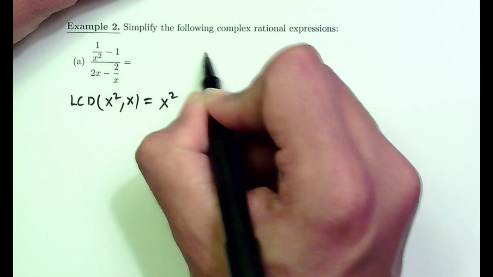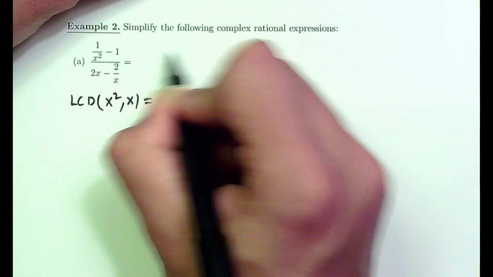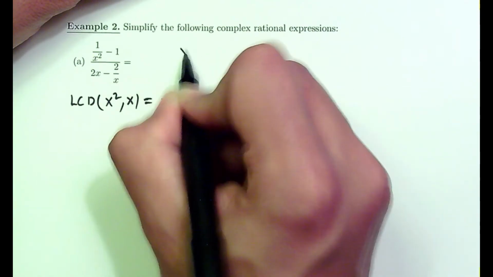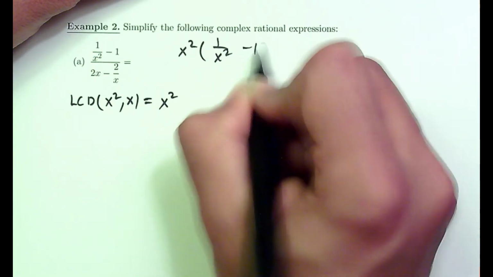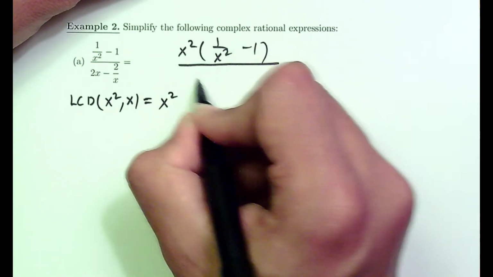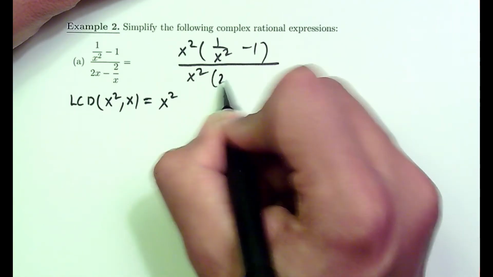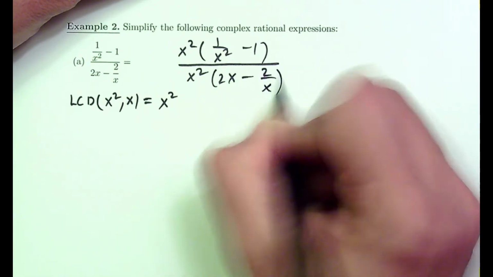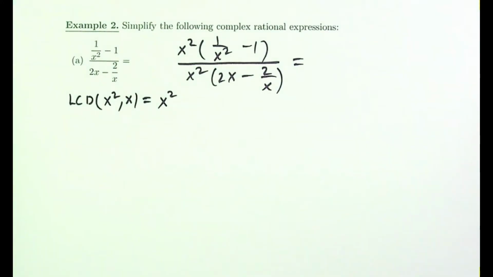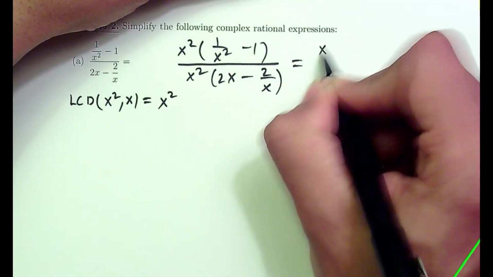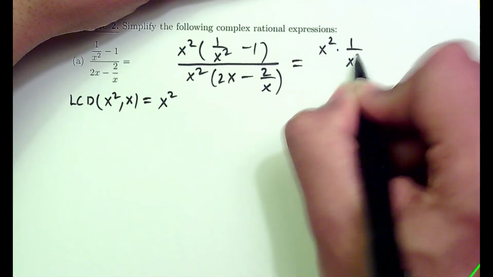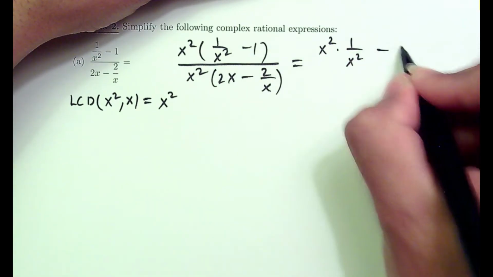So this is going to be x squared times 1 over x squared minus 1, and x squared times 2x minus 2 over x. Okay, so multiply everything by x squared. Now you're going to distribute. So this is going to be x squared times 1 over x squared minus x squared times 1.